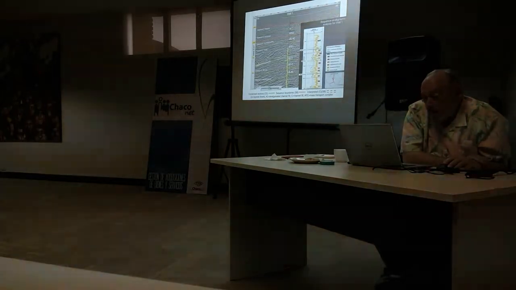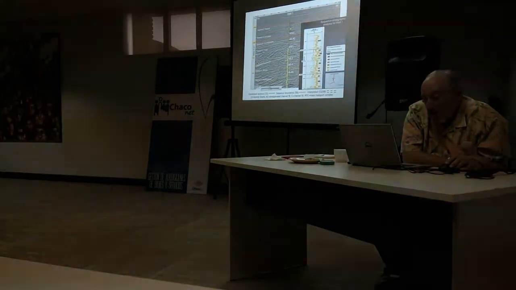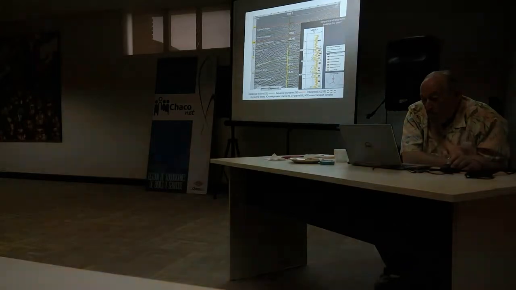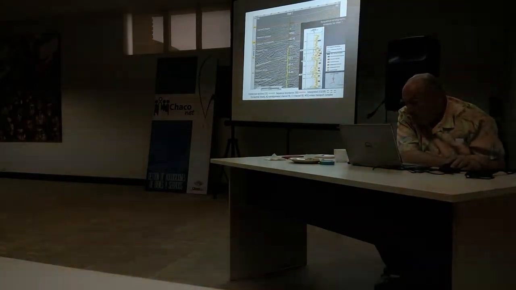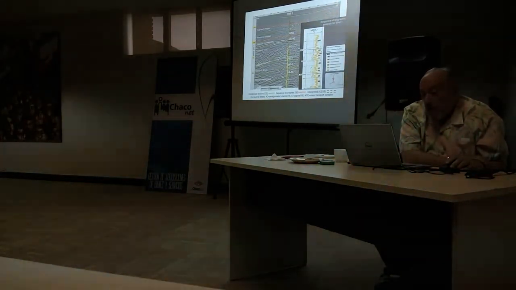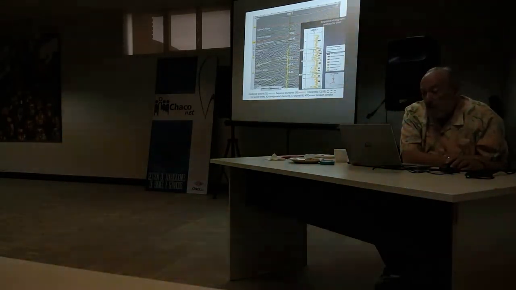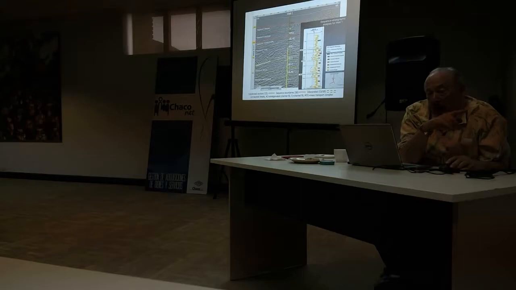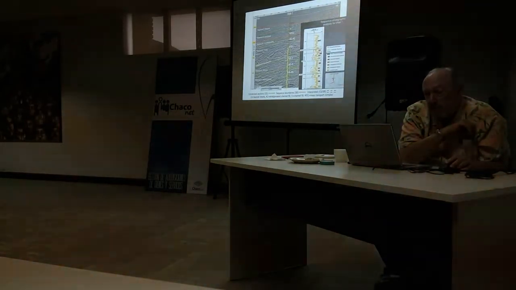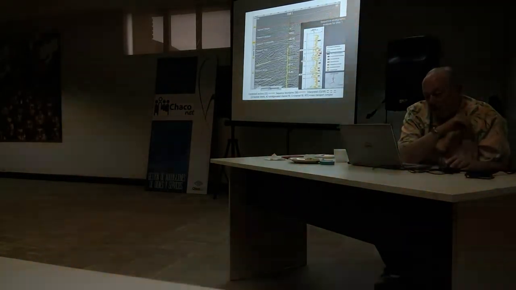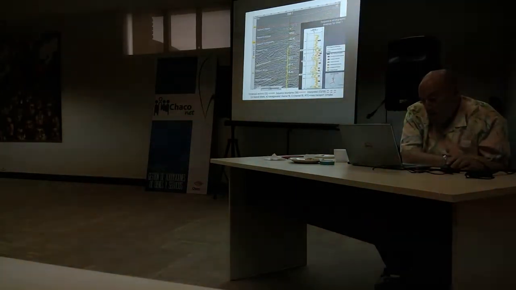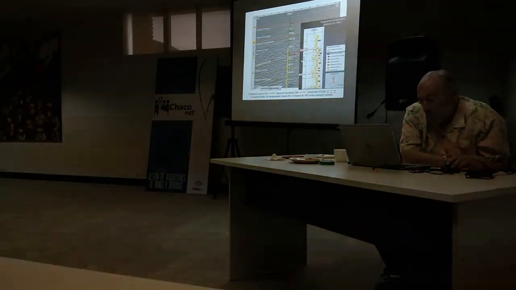Now we can superimpose our well, and wherever we find one of these high gamma ray peaks, which is the condensed section, we can tie that to a seismic reflector. And that's what we've done here.